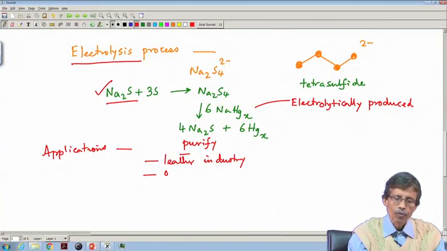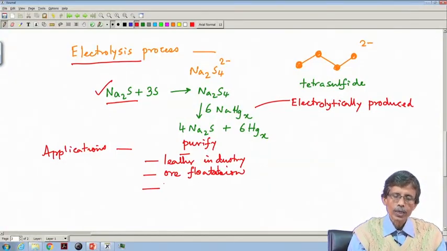Then it can be used for ore flotation, for floating the ore basically. So, a saturated solution of sodium sulphide can be useful.